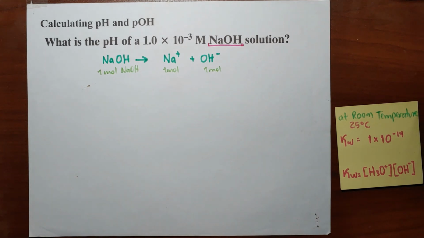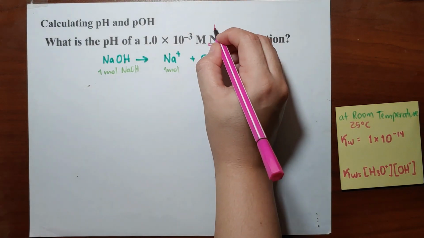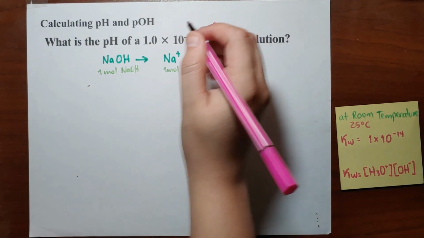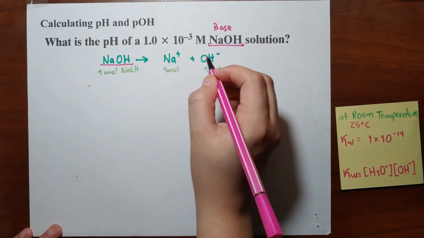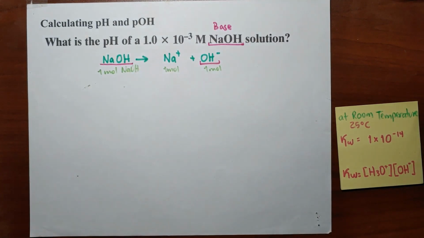Okay, now from this you can do the ratios, the mole ratios. Because we're talking about a base, you will relate the given, NaOH, and the hydroxide ion.